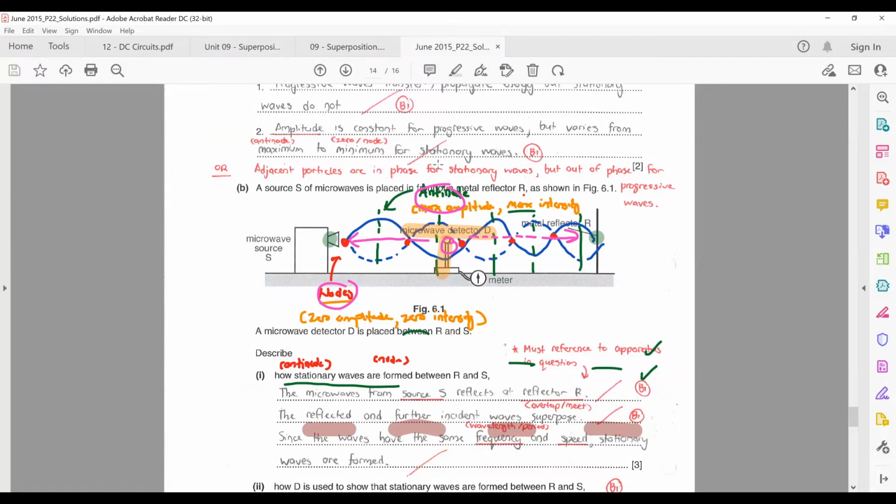So looking at it from this little diagram that you have here, distance between adjacent node would be half a wavelength. So here to here, this one will be half a wavelength.